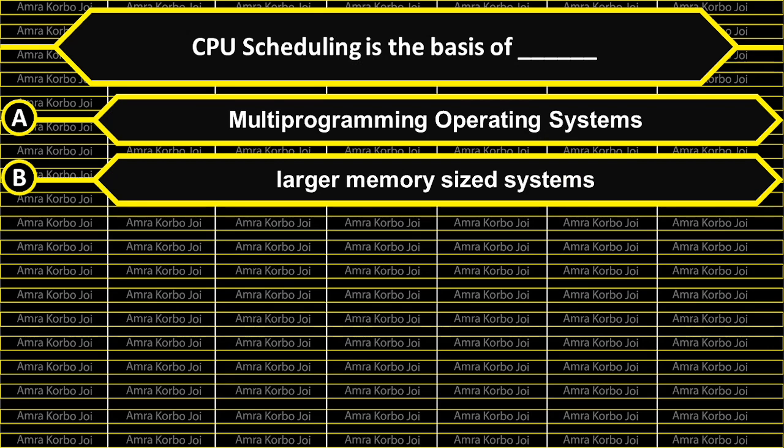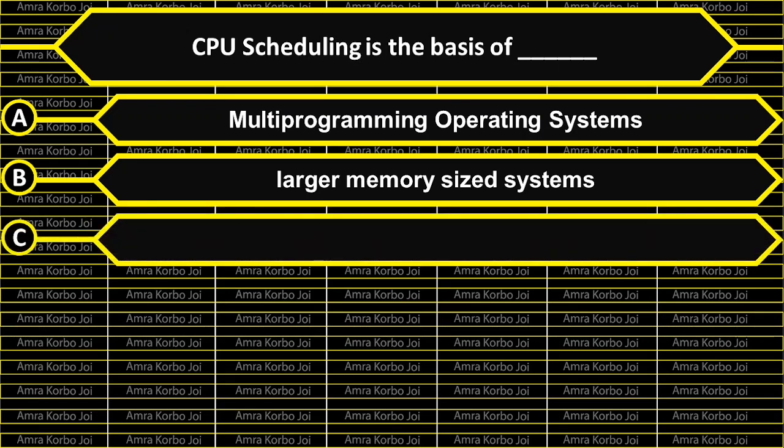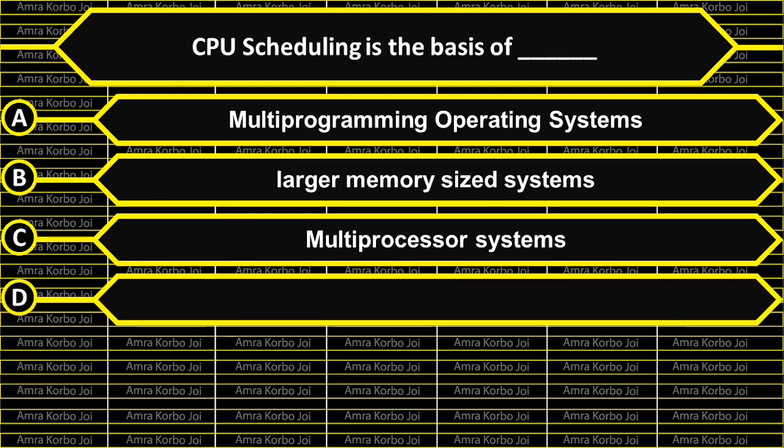Option B, larger memory sized system. Option C, multiprocessor systems. Option D, none of the mentioned.